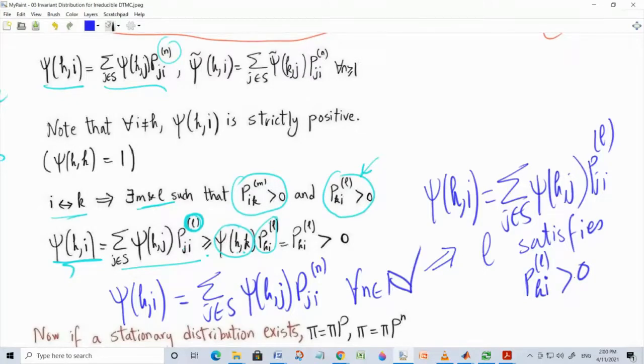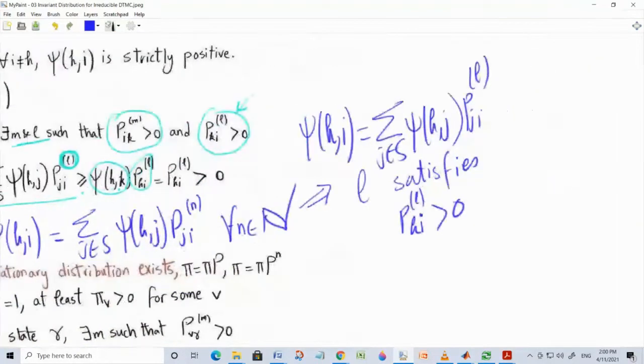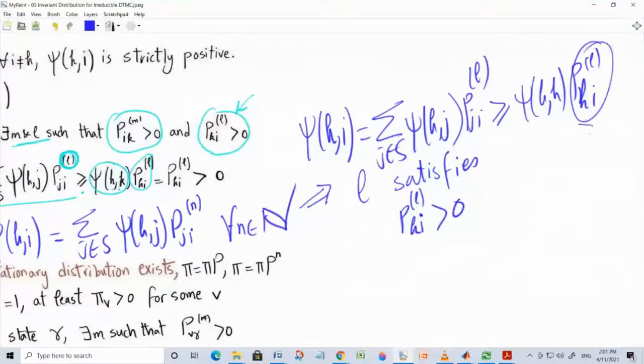Are we guaranteed to have such an L? Yes, by definition, because i and k are communicating states. Each one is reachable from the other, and so by definition we should be able to find this L. So this is a summation, and this summation can be lower bounded by psi kk and b_ki of L. Now this guy is strictly positive, and psi kk is equal to 1, then psi ki is strictly positive.